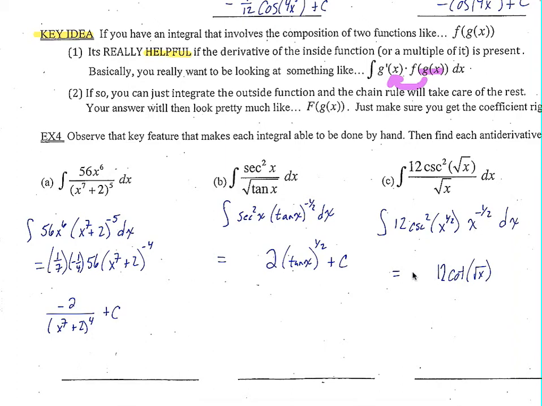So in order to balance that, I need a 2 there, and we need a negative because the derivative of cotangent is negative cosecant squared. And the final answer is negative 24 cotangent square root of x plus c. And we're done with today's notes.